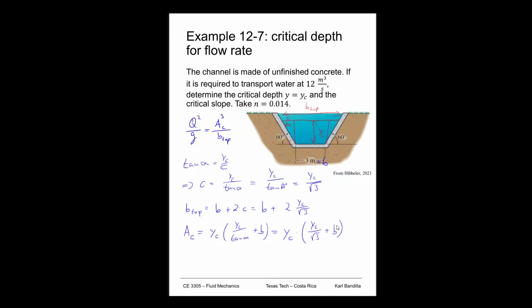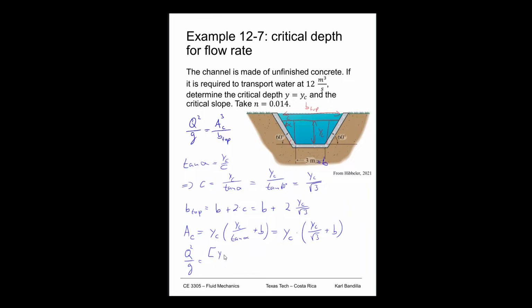Now if we have A_c and we have B top, then we can plug those in. So we can say Q squared over g equals A_c to the third power.